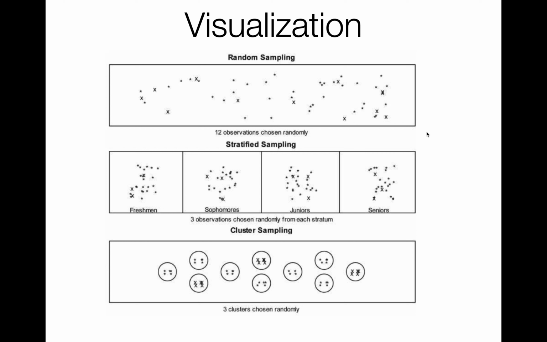And then in cluster random sampling, maybe all of the people were at lunch sitting at tables of 4. Okay, so I randomly selected 3 tables and interviewed all 4 of the people at those tables. So I got 12 observations, all in 3 different ways. Okay, but we got the same number of people, but the way we got them was different.